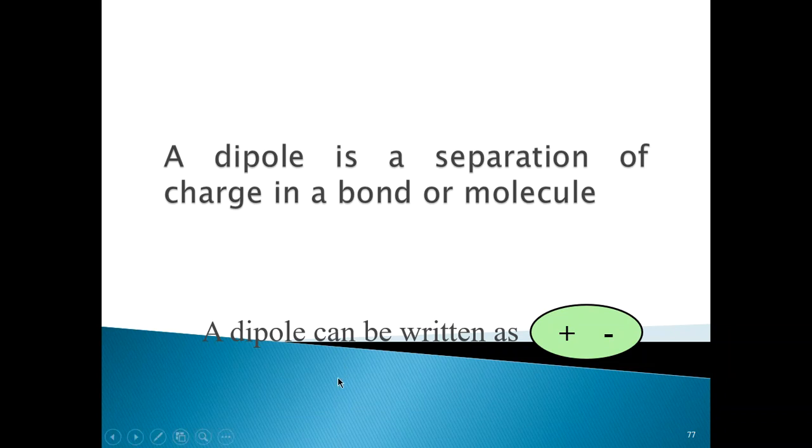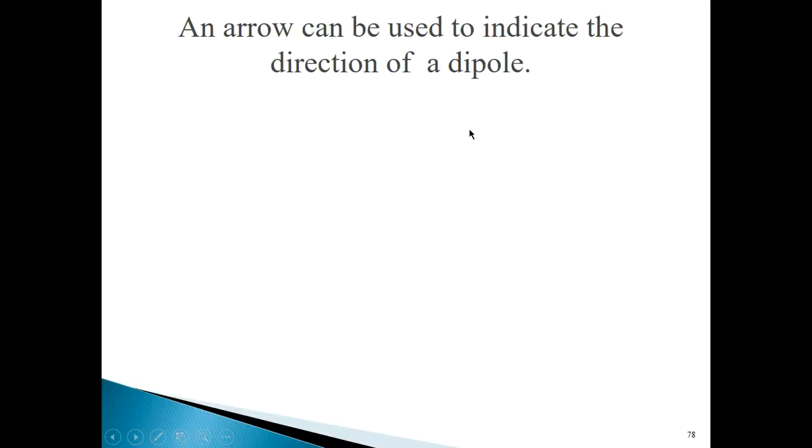And we can represent a hypothetical molecule with a dipole like this, where we put a plus sign here and a minus sign here, just indicating that there are charges that are separated within that molecule. Now, it turns out that a dipole can actually be measured. It's also what we call a vector quantity in physics, which basically means that it has a magnitude and direction.